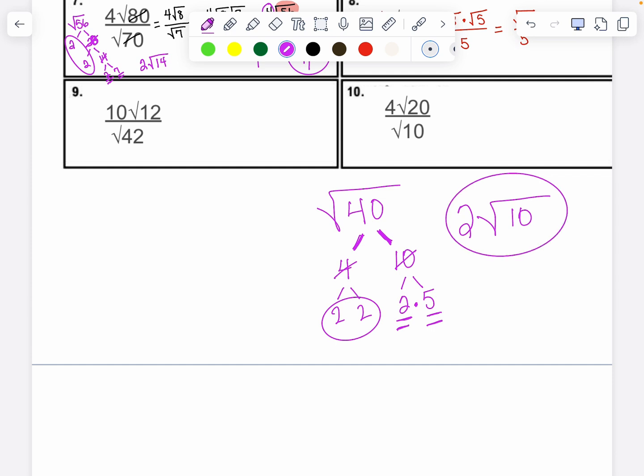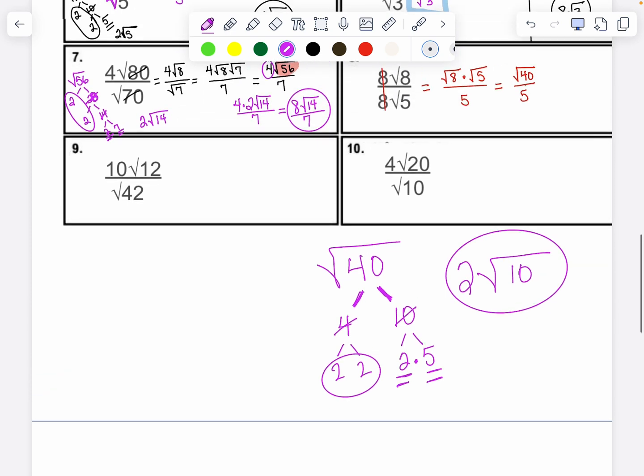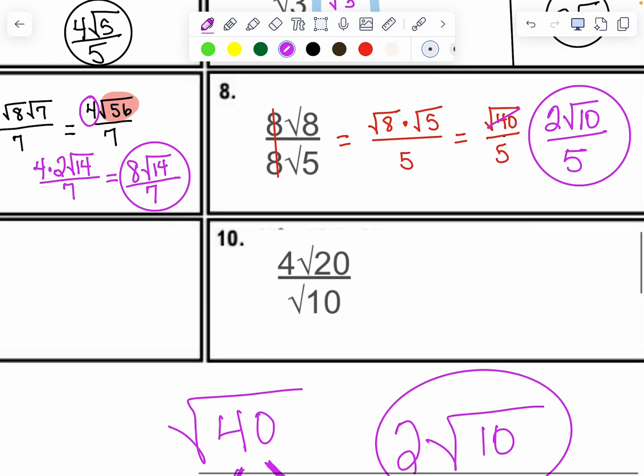So this is the simplified form of the square root of 40. If you put them both in your calculator, you'll see that you get the same decimal, because they have the same value. So instead of the square root of 40, I'm going to write 2 square roots of 10 over 5. And this is fully simplified, rationalized denominator, completely done.